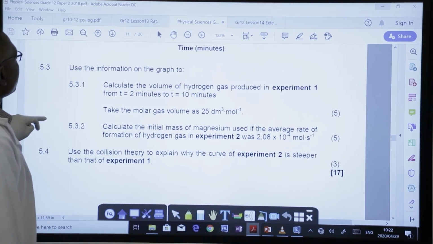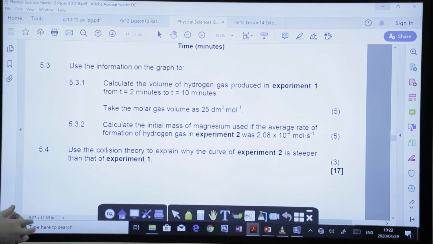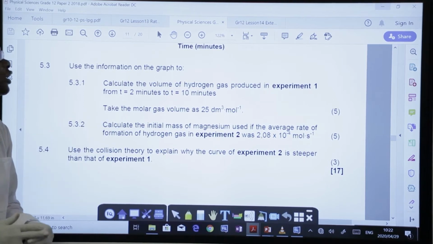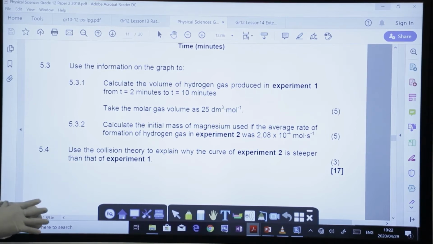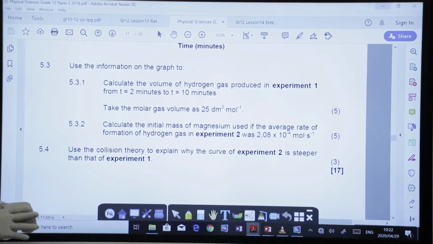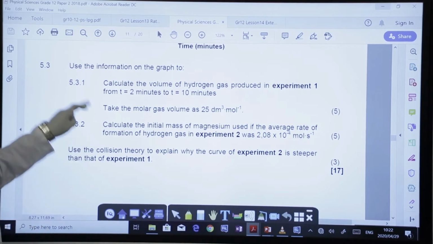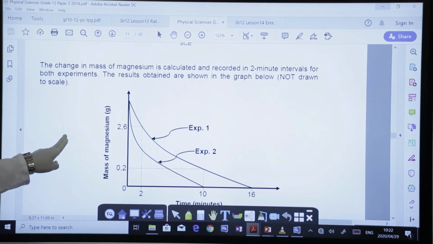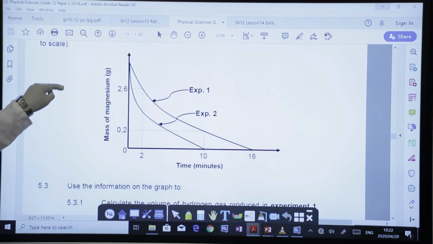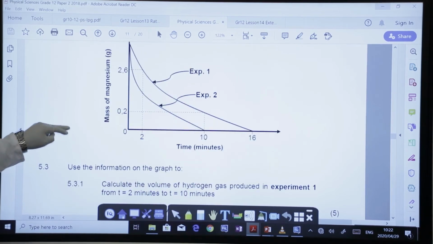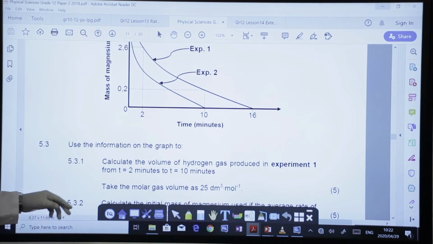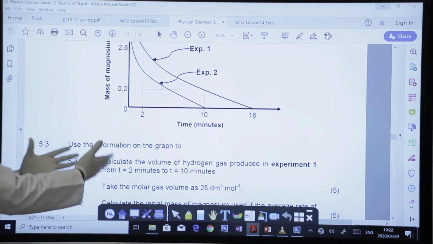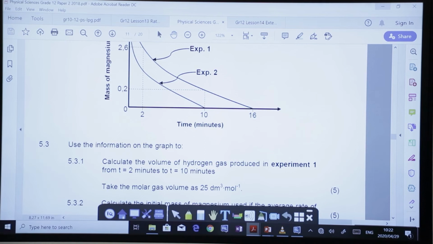Here, they are saying use the information on the graph to calculate the volume of hydrogen gas produced in experiment 1 from T2 minutes to T10 minutes. For us to determine the volume of hydrogen gas produced in experiment 1, how are we going to make use of this information to answer that question?